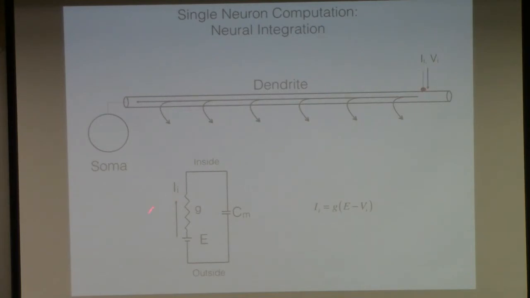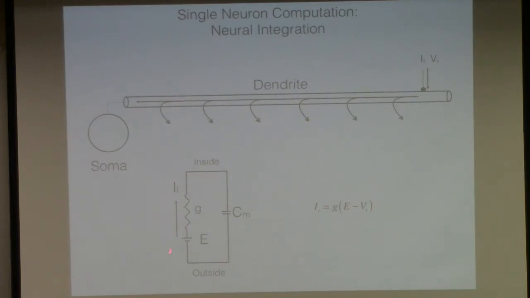The synaptic input will be modeled in this way. There will be a synaptic conductance in series with a battery. That battery again is the reversal potential that provides the driving force on the ions that move through this particular ligand-gated ion channel that is the target of a neurotransmitter.